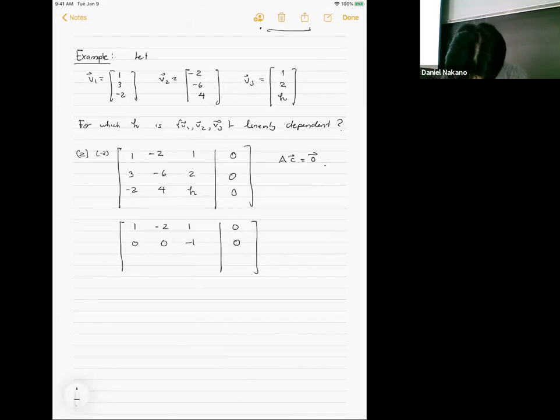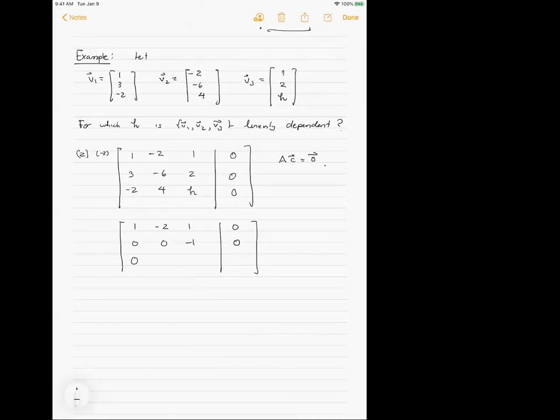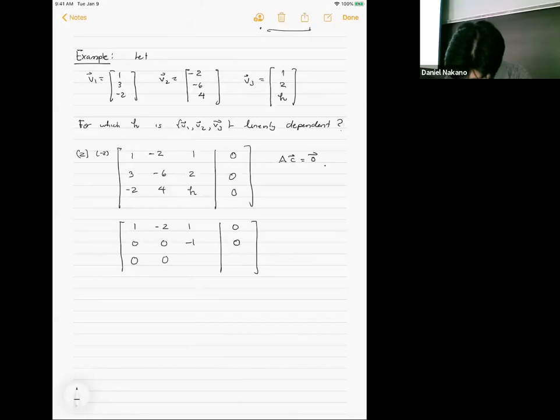So I get a 0 here, and the next term is 0, and then h plus 2, and the next term is 0.